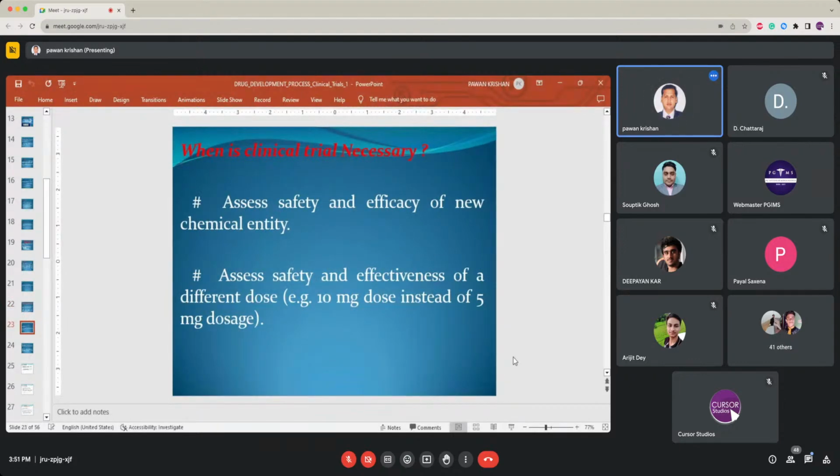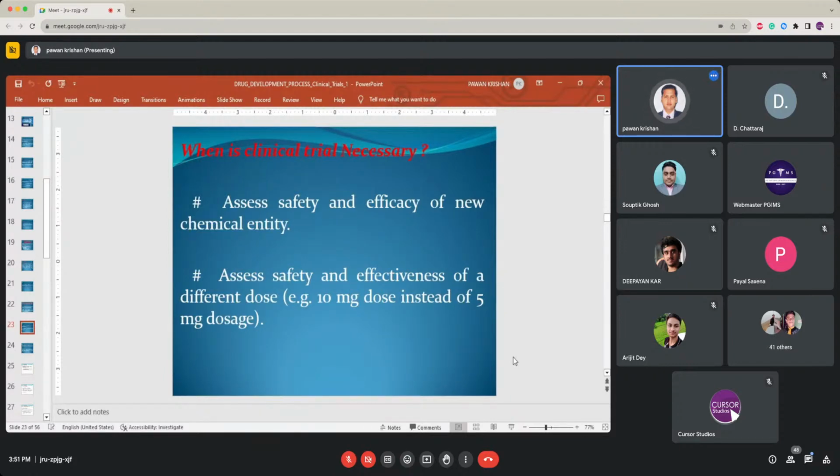Then why is a clinical trial necessary? It is to assess the safety and efficacy. You can see the term written as safety first and efficacy later on. Rather than writing efficacy and safety, you have to see that safety comes first: to assess the safety and efficacy of a new chemical entity, and the safety and effectiveness of a different dose.